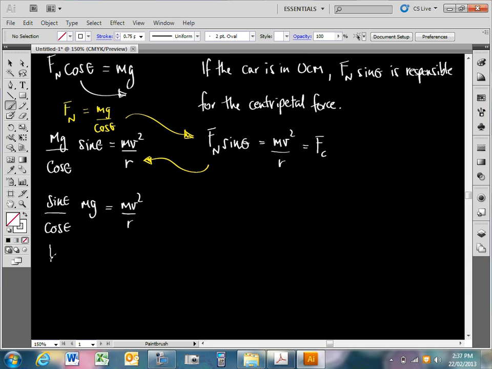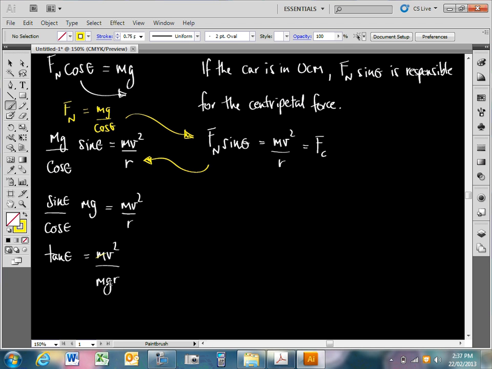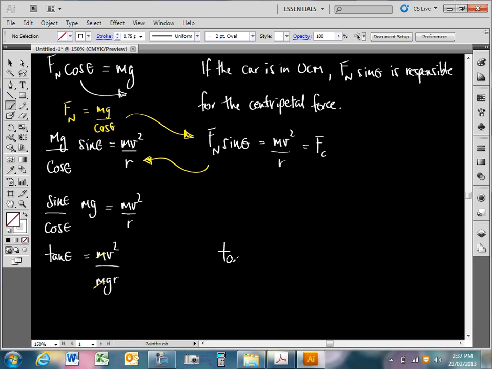Tan theta equals mv squared over mgr. Of course, I can just cancel the m's, and we're left with this uniform circular motion identity. Tan theta equals v squared over rg. Why they say rg, I don't know. Gr, doesn't matter. I just remember it as tan theta is equal to v squared on rg.